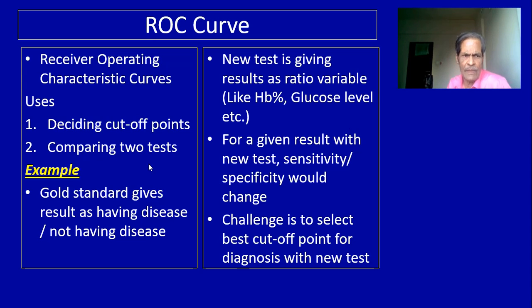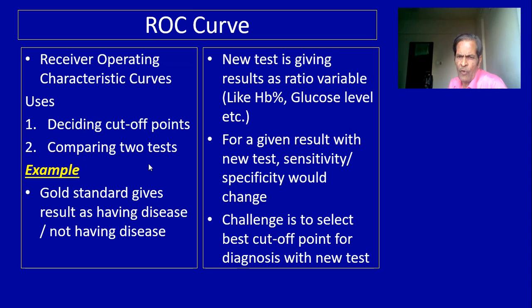The example here is that the gold standard gives the result as having the disease or not having the disease. And the new test gives the result in the ratio scale, like hemoglobin percentage or glucose level. So for a given result with the new test, the sensitivity and specificity would change.